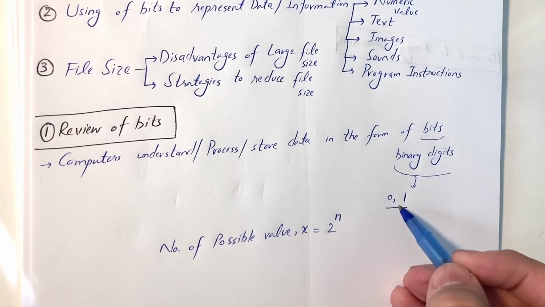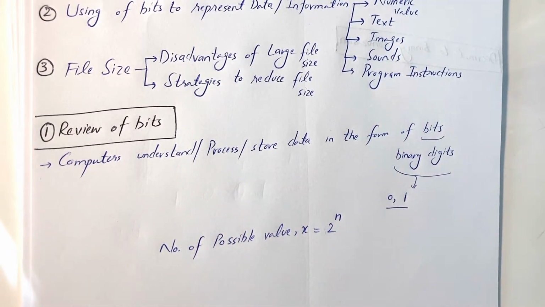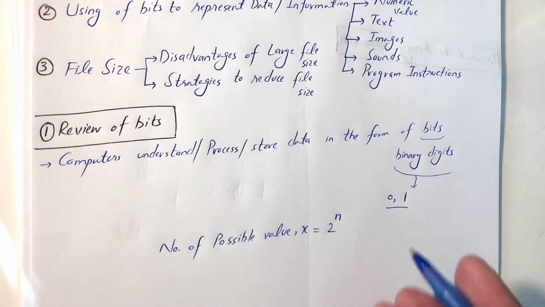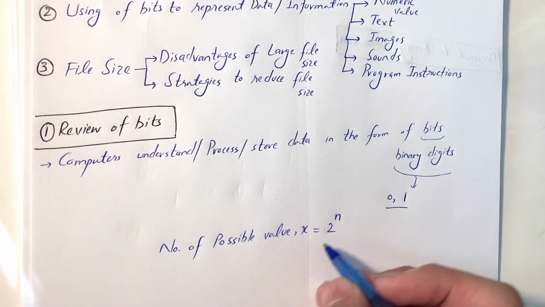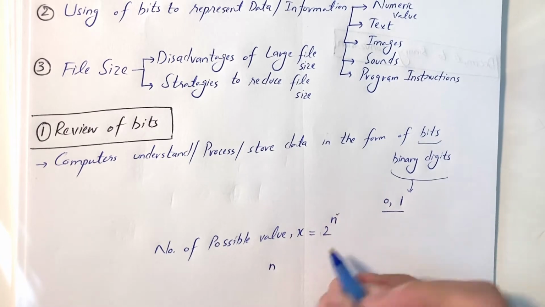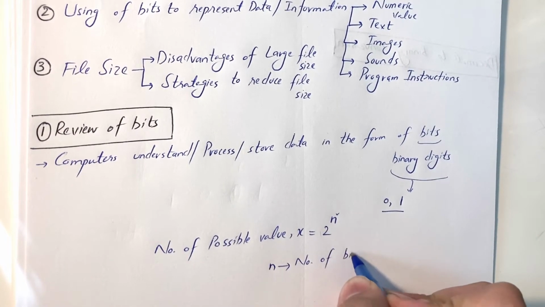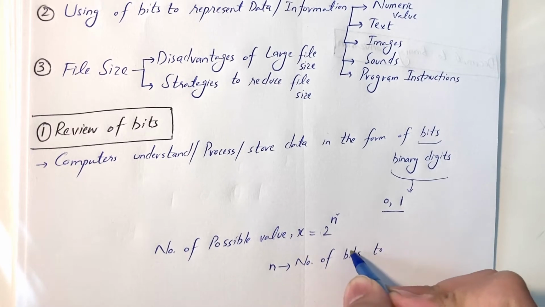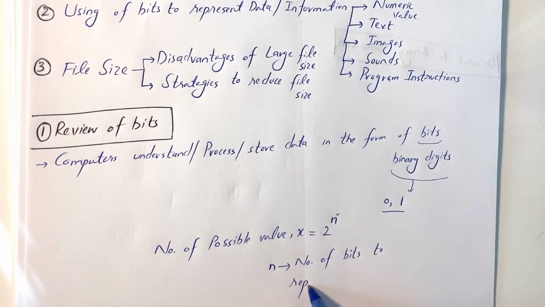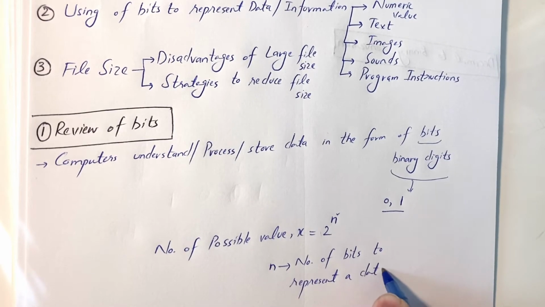Why 2? Because there are two possibilities for a bit. A bit can be 0 or 1. So that's why we use 2 raised to power n. And where n is the number of bits to represent a specific type of data.